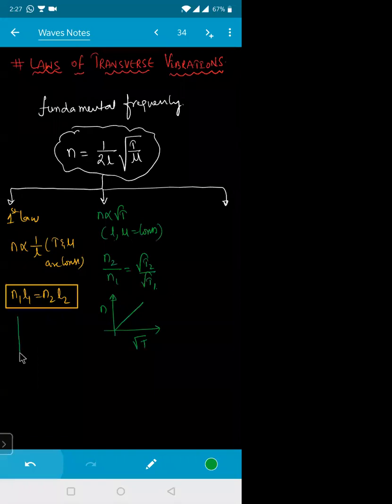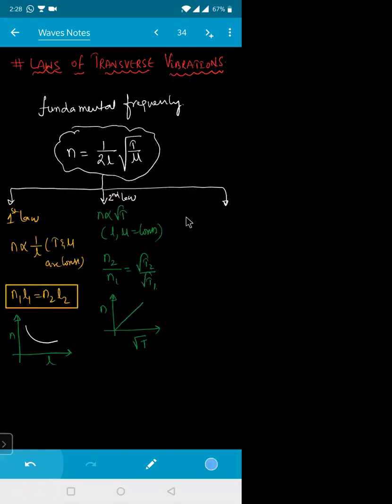If I draw the graph of frequency versus length, the graph will be a rectangular hyperbola like this. This is your first law and this is your second law.